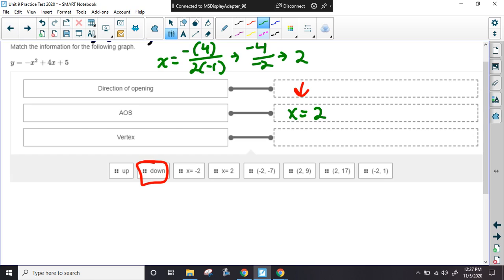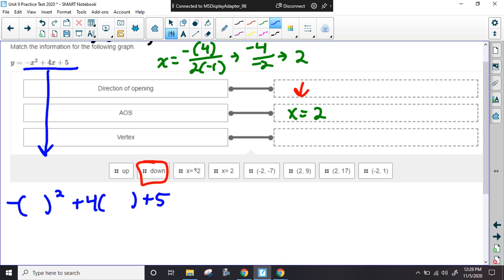Okay, so I'm going to use this equation, and everywhere I see an x, that's where I'm going to plug in my 2 to find my vertex.